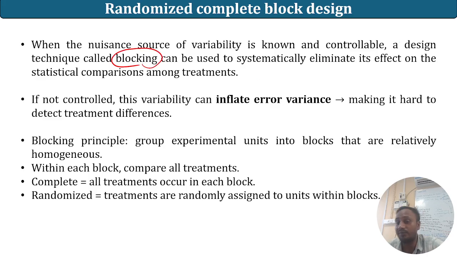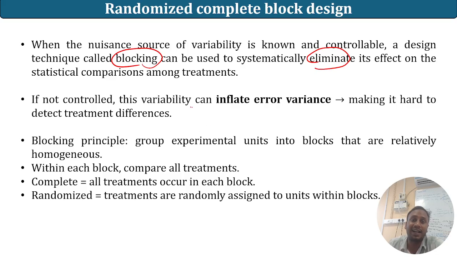Let's say some factor is adding to the error. If we are able to identify or control it, we can do the blocking and systematically eliminate the effect of that nuisance factor.